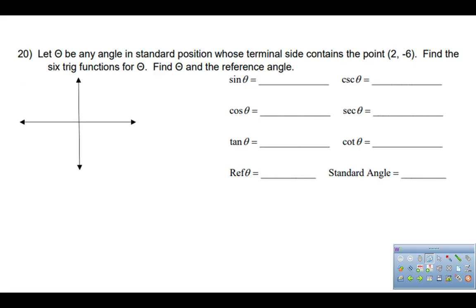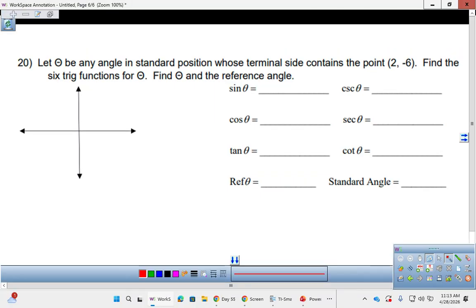Let theta be any angle in standard position whose terminal side contains the point (2, -6). We want to find all these things. All right, so let's go to -6. And I'm going to connect that from the middle.